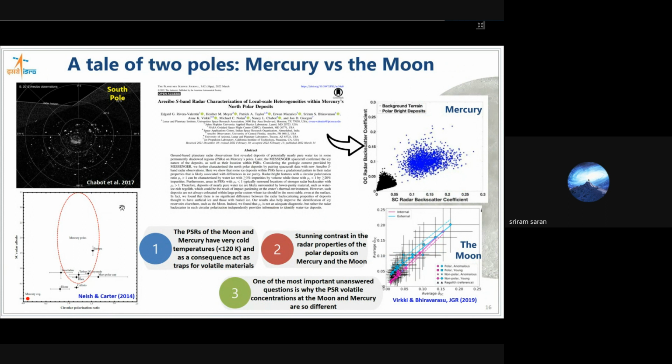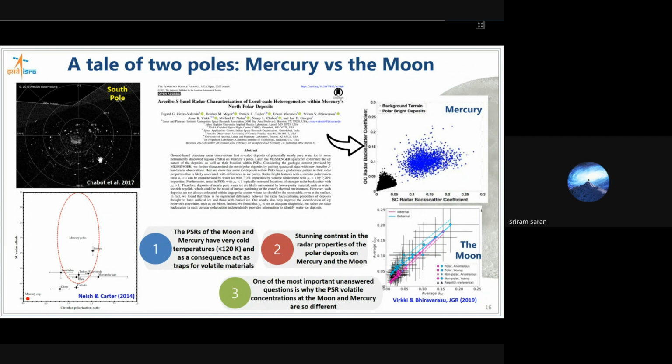So both the surfaces have permanently shadowed regions. Several studies of Mercury's poles carried out using ground-based Arecibo predicted the presence of water ice.